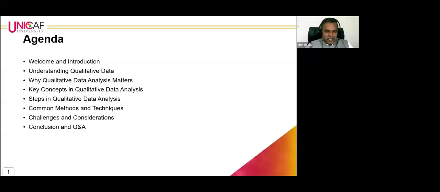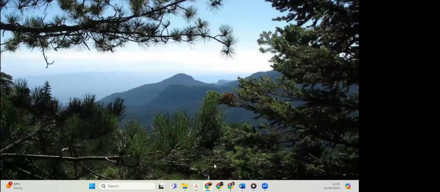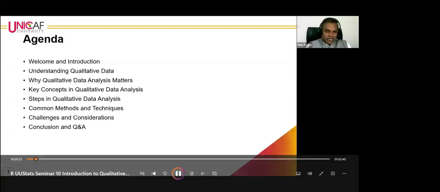There are 8 agenda items we are going to deal with. One is a brief introduction about the topic. Then we will make sure you understand the qualitative data. Then we'll take you through why qualitative data analysis is important. Then we'll introduce some common concepts used in qualitative data analysis, then the key steps.